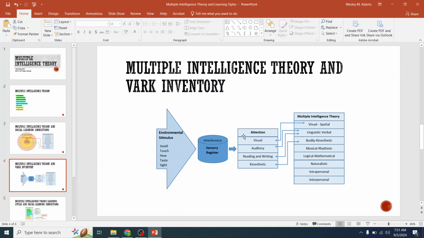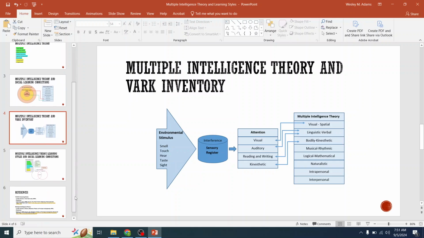Instead of doing something on a survey, now we're going to physically manipulate visual, auditory, reading and writing, kinesthetic. We'll look at those areas for that day's activity. It is just a simplification of multiple intelligence theory, and it's way easier to apply in a classroom setting to most class activities.